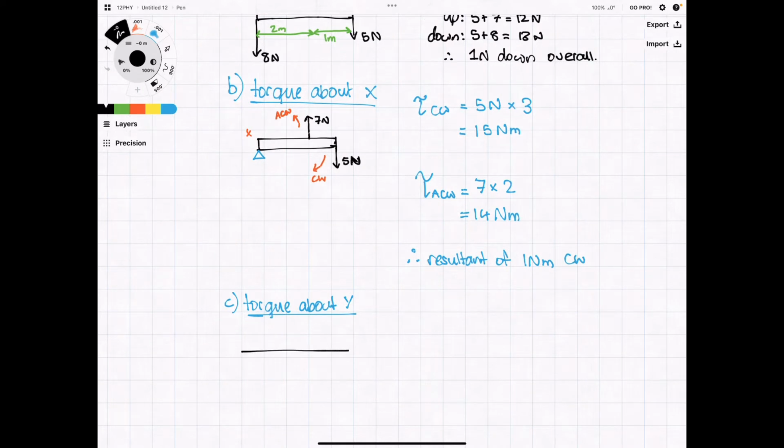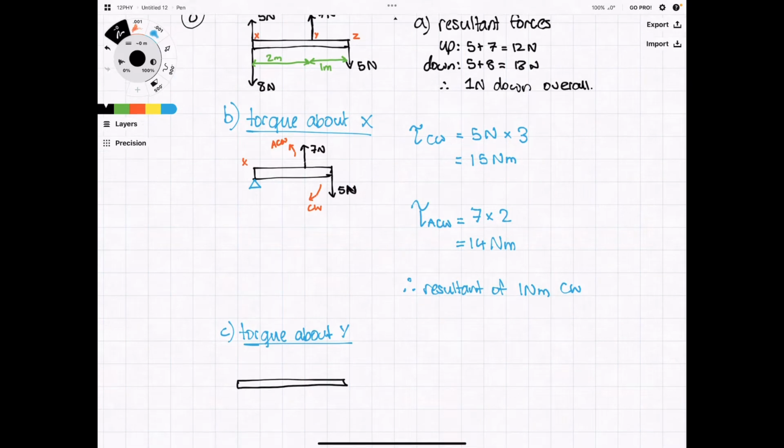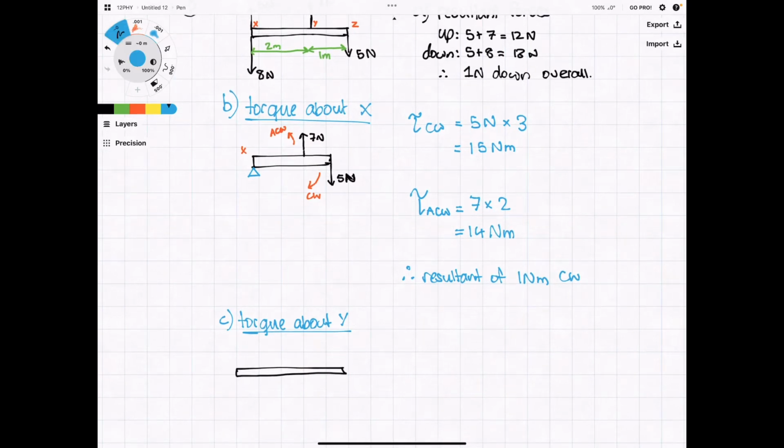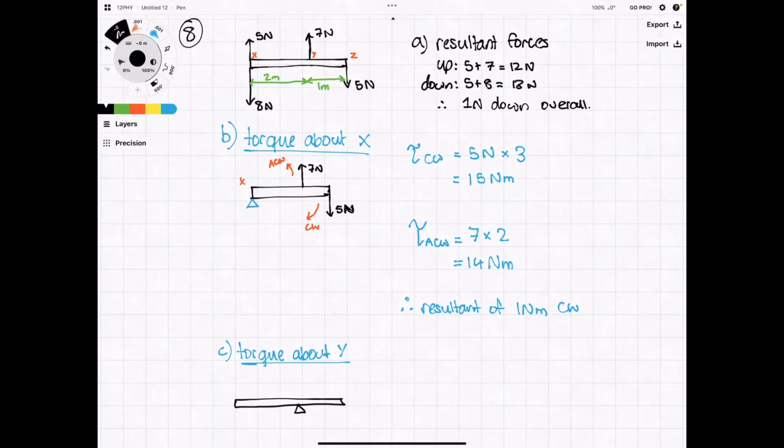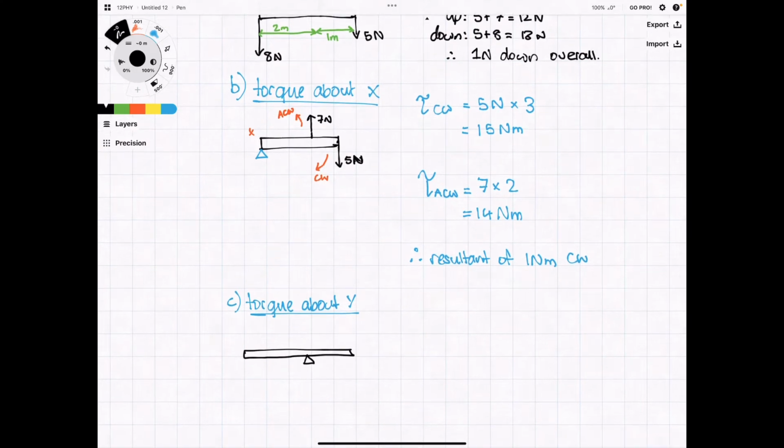So let's get our plank in there. Y is our middle point. Okay, so our pivot is just over here. All right, and because at Y, our 7 Newton force doesn't create a rotation because it's at the pivot, we ignore it. All right, and we just label the other forces. We've got our 5 newtons down.